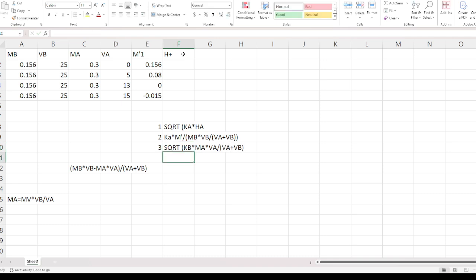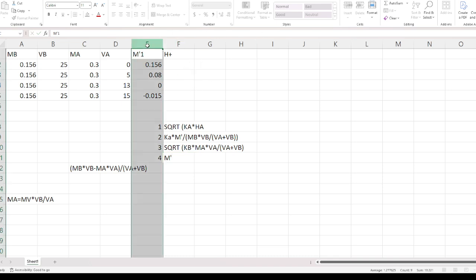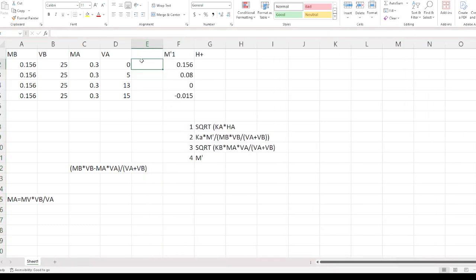And situation 4, it's going to be just OH minus is going to be equal to essentially M prime. So our Ka, let's make a little space. Insert here our Ka. Our Ka is not going to change. 1.8 E negative 5.